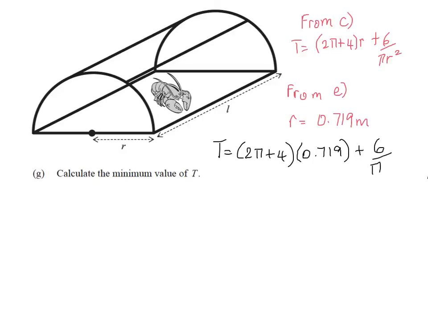Let's substitute that in. R is 0.719 squared. And once we plug this all into our calculator, we should get that T is approximately equal to 11.1 meters. And we're done.